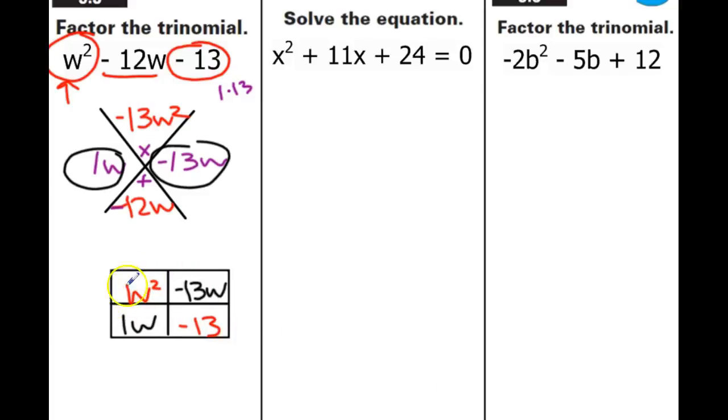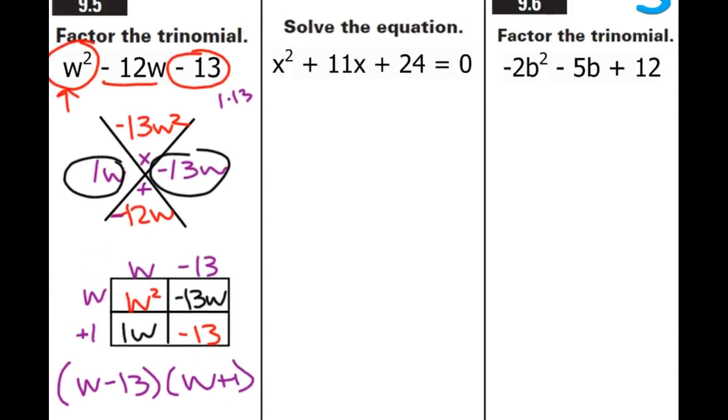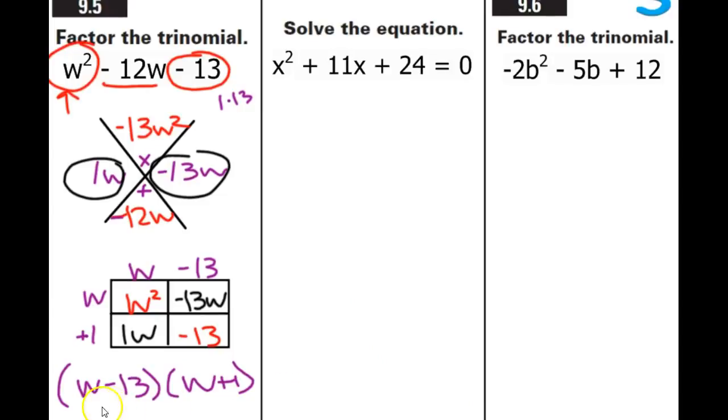So what multiplies to get w squared? Well, two w's. W times negative 13 will give you negative 13w. Same thing here, w times 1 is 1w. And yes, the last box works. So my two answers are w minus 13 and w plus 1. You don't need to solve it because it's not equal to 0. This is your answer.